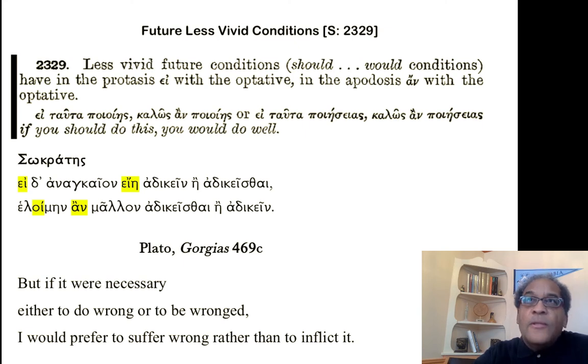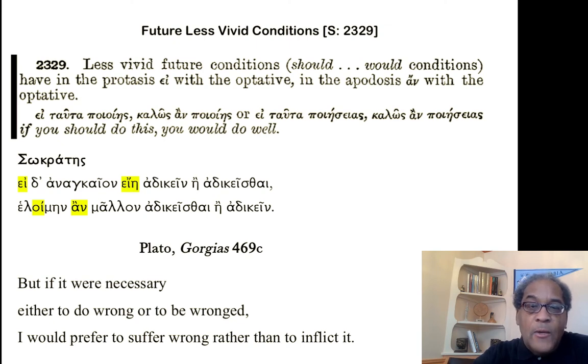And a wonderful literary example where Plato's Socrates foreshadows the Christian ethic. In the Gorgias 469c, he says, "But if it were necessary either to do wrong or to be wronged, I would prefer to suffer wrong rather than to inflict it."